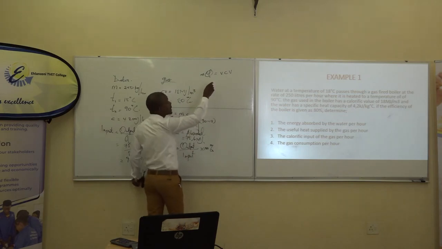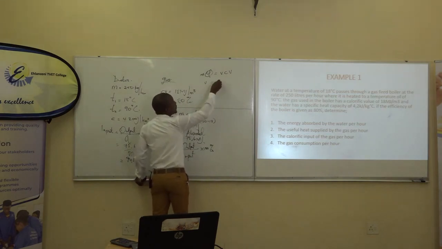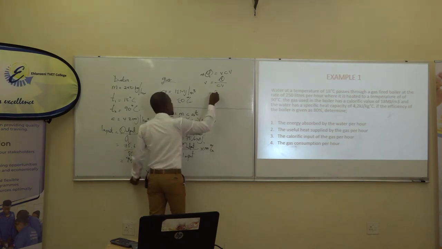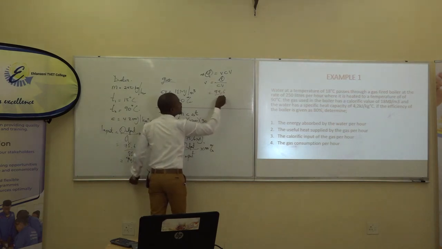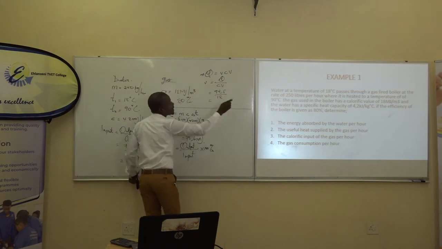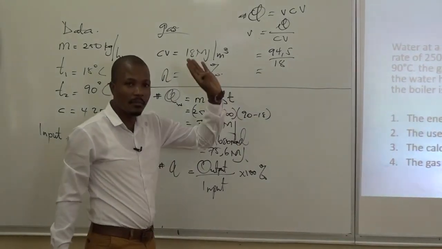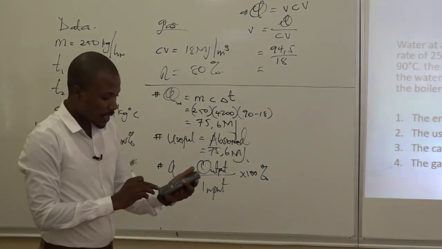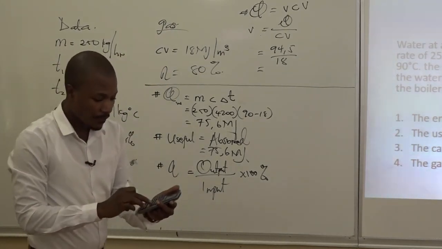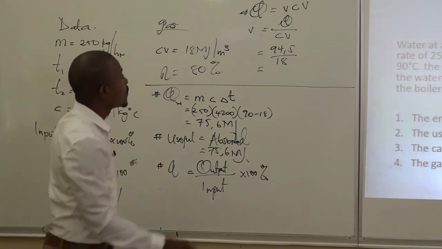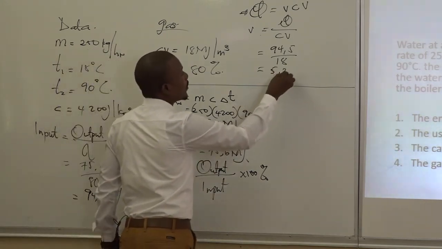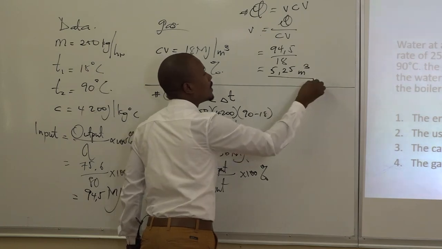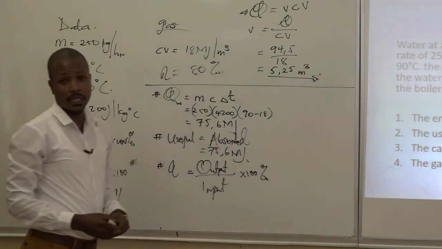Because this is a fuel, V will be equal to Q over CV, which is 94.5 megajoules divided by 18 megajoules. This should give us 5.25 meter cubed.